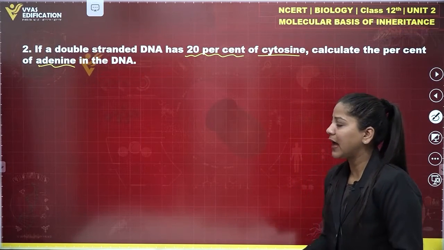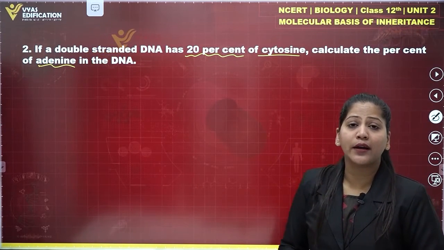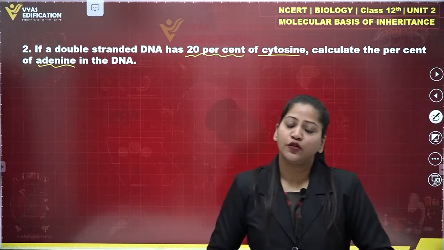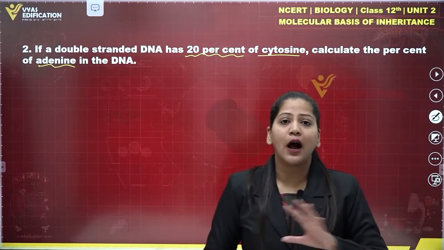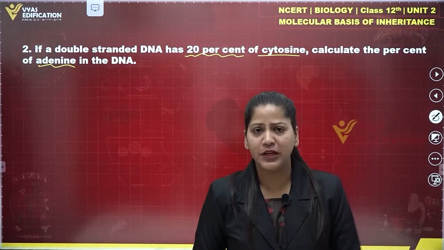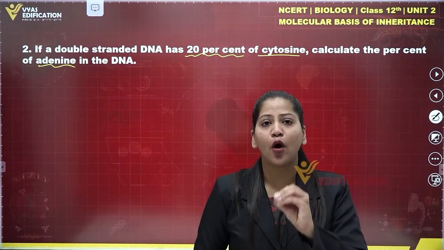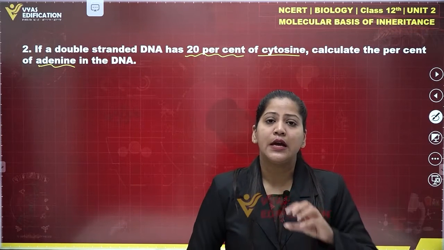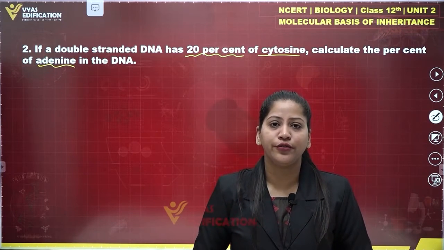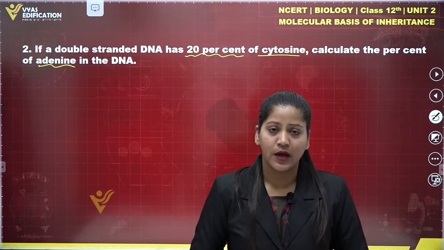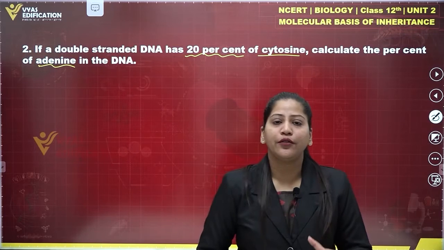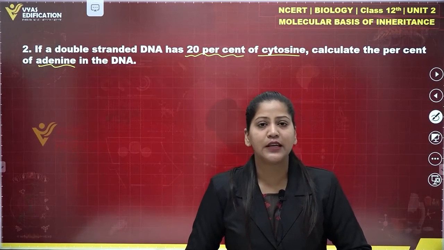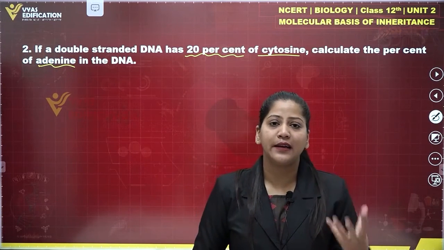So how will we calculate this? We have Chargaff's rule for this. According to Chargaff's rule, in all cellular DNA, regardless of species, the number of adenosine residues is equal to the number of thymidine residues. That means A is equal to T. And the number of guanosine residues is equal to the number of cytidine residues.